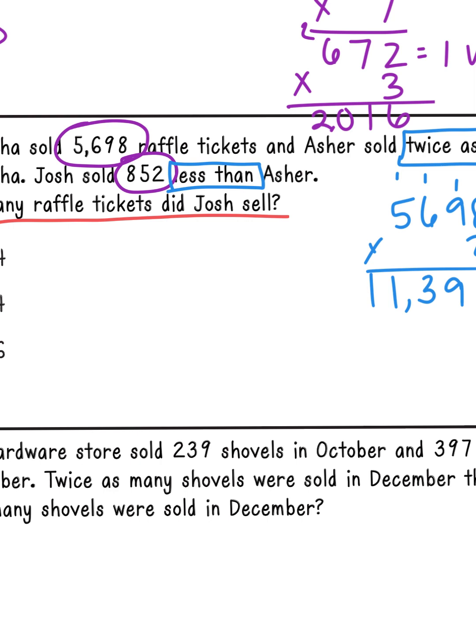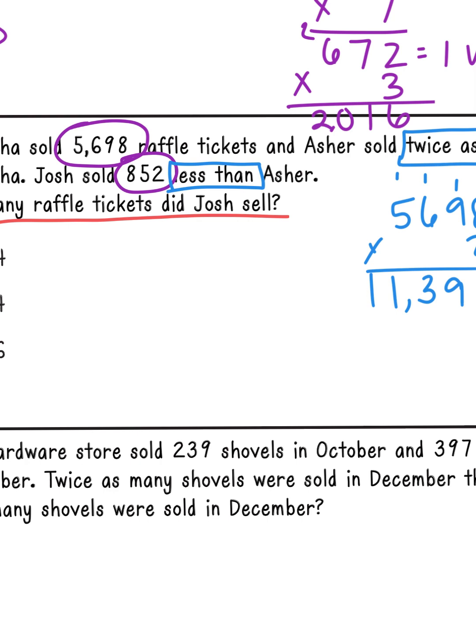And we get 11,396 if you multiply that by 2. Now, that's how much who sold? Asher. We want to know how many raffle tickets did Josh sell.